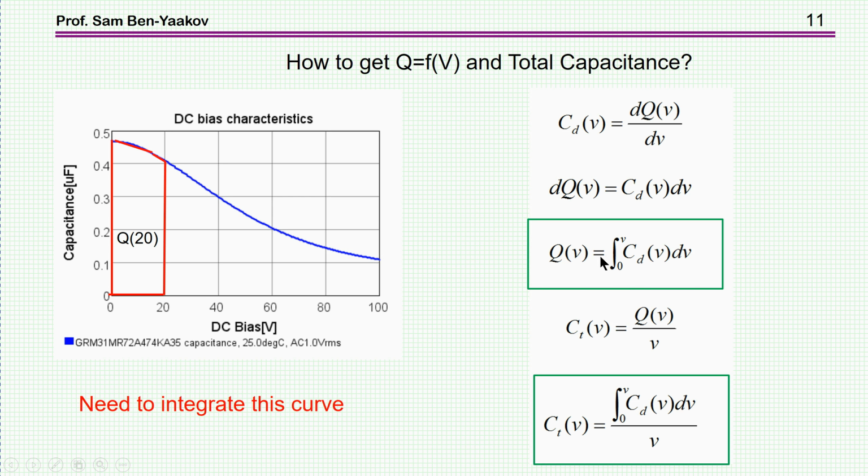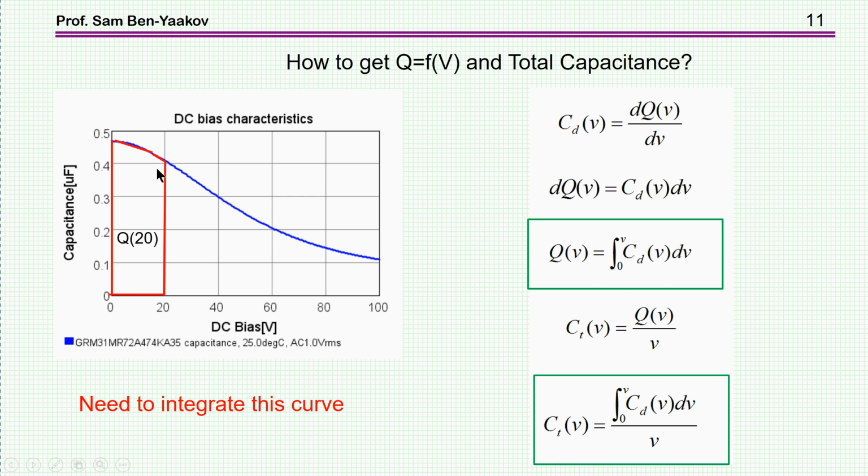So by integrating this, we are actually getting Q. If we are integrating to any particular voltage, then this will be the Q for this particular voltage. So integration is actually an area here.